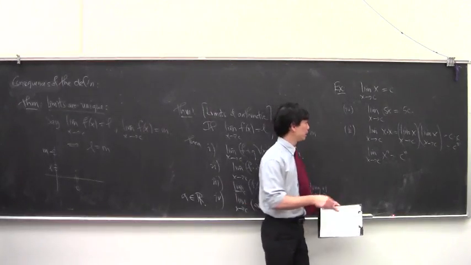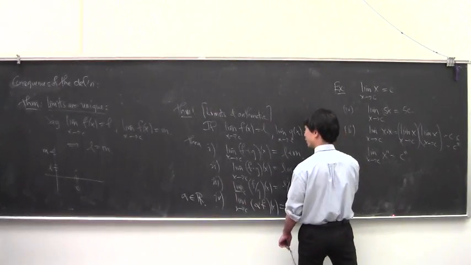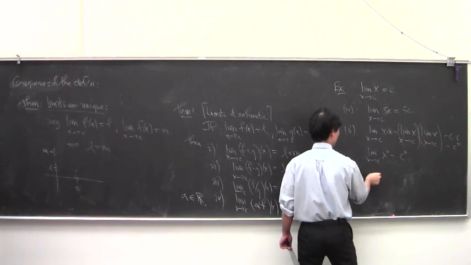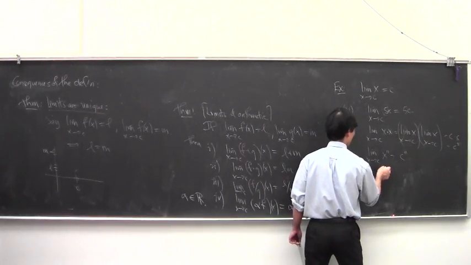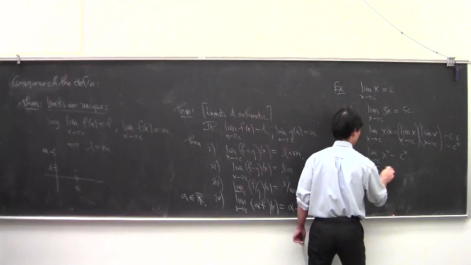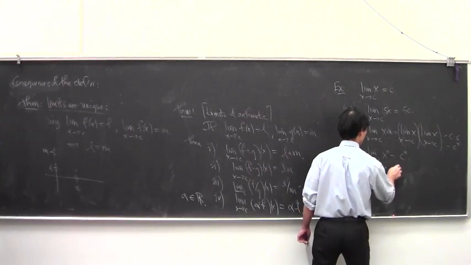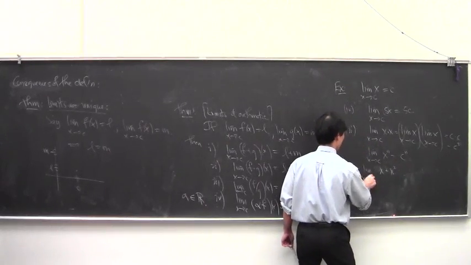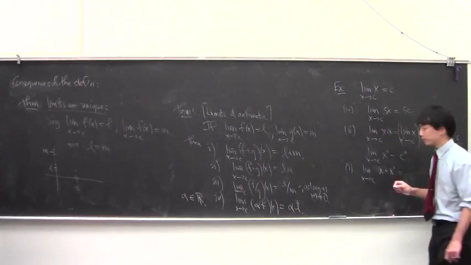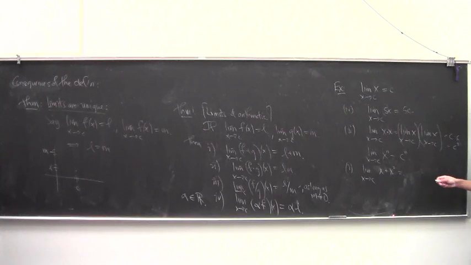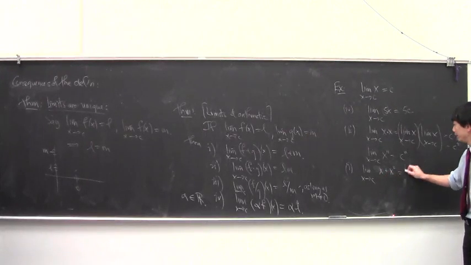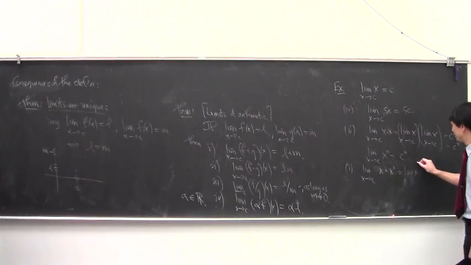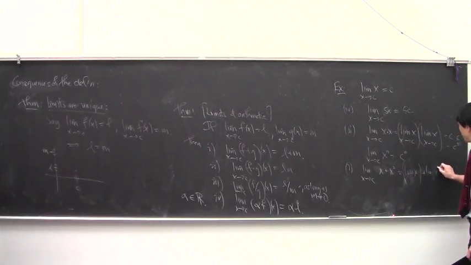Now, if we use number 1, the limit of x plus x squared as x goes to c, what's that? C plus c squared, right? Because the limit of a sum is just the sum of the limits.